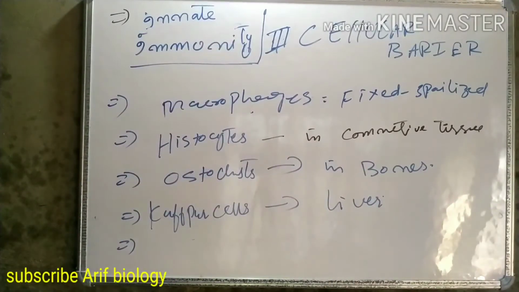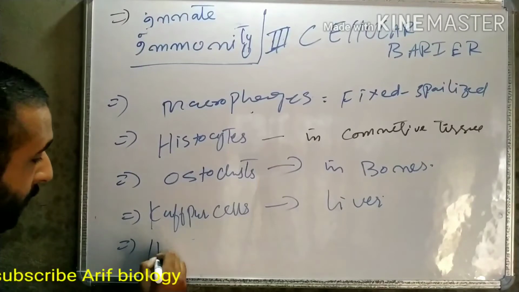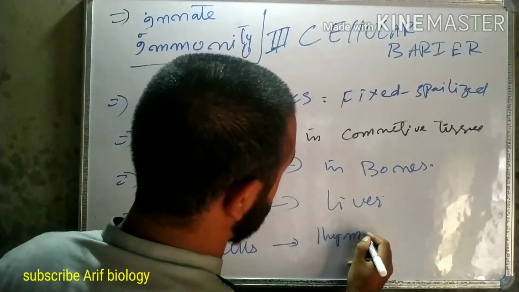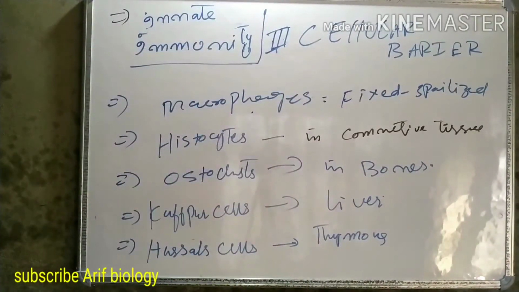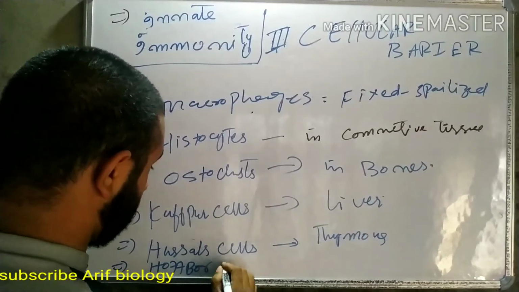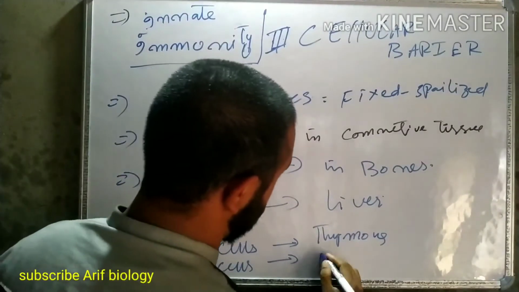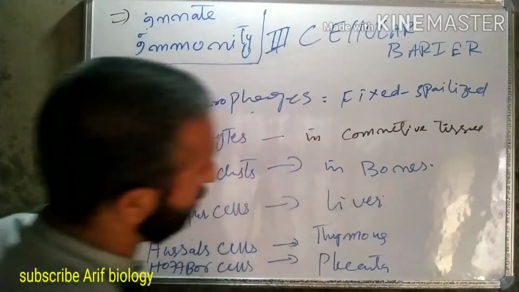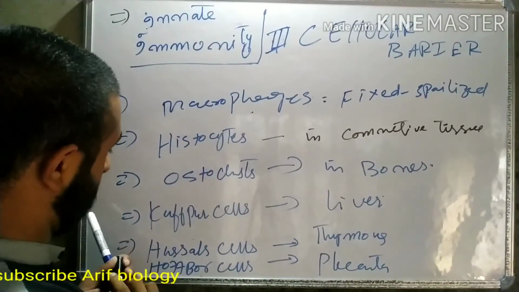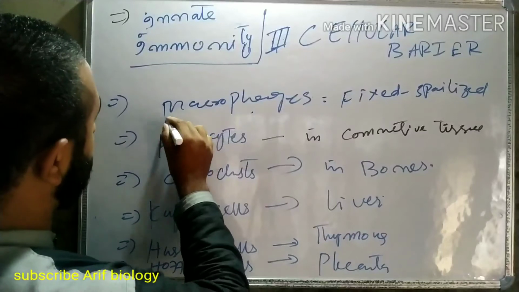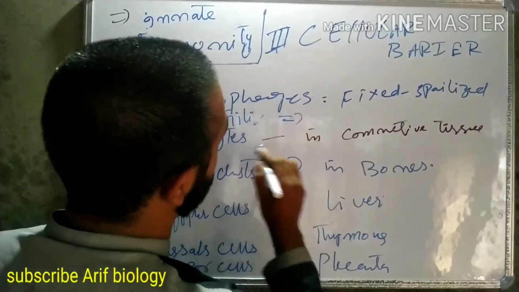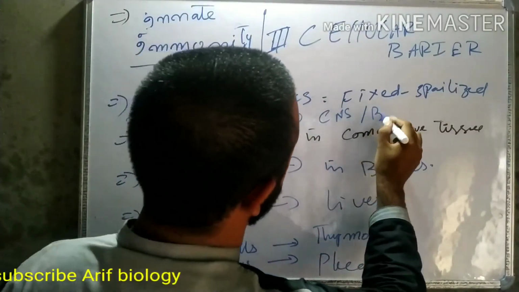We have the Hassall cells. Hassall cells are present in thymus. Then we have the Hofbauer cells. Hofbauer cells are present at placenta. We also have microglia. Microglia are present in the CNS or brain.